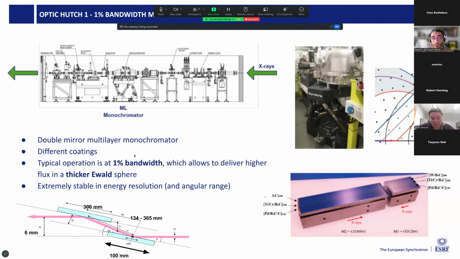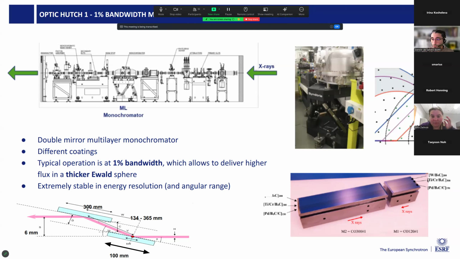Technically speaking, this is achieved with a multilayer monochromator. As you see here, we have a double multilayer monochromator mirror with three different coatings. In about 90% of experiments, we use the 1% bandwidth, which is obtained with the palladium boron carbide coating.